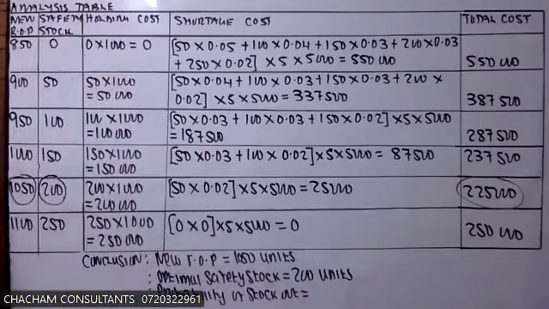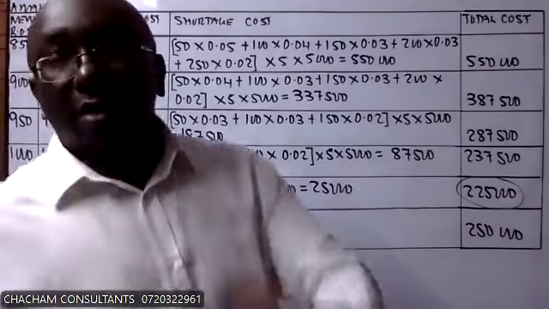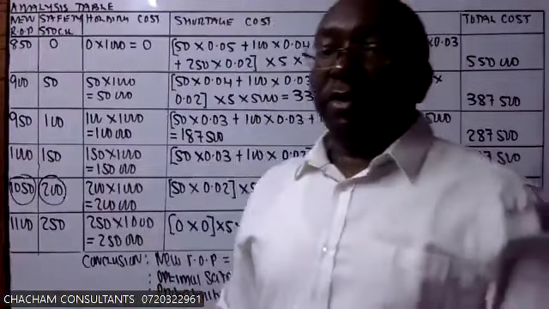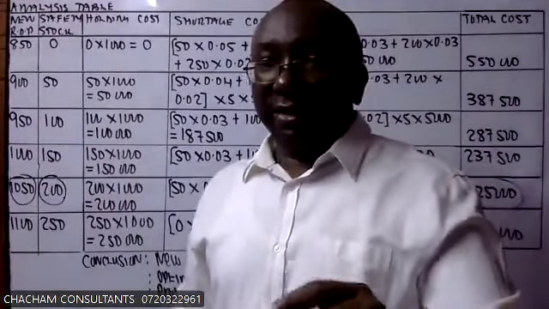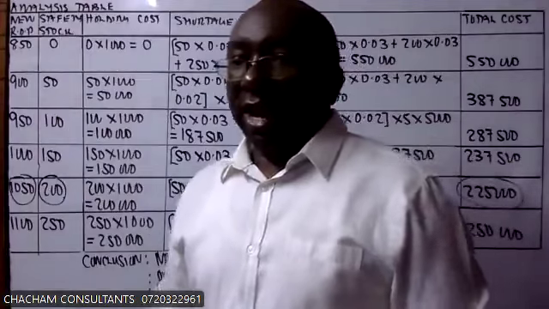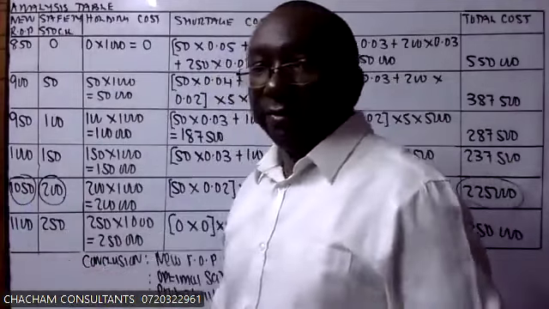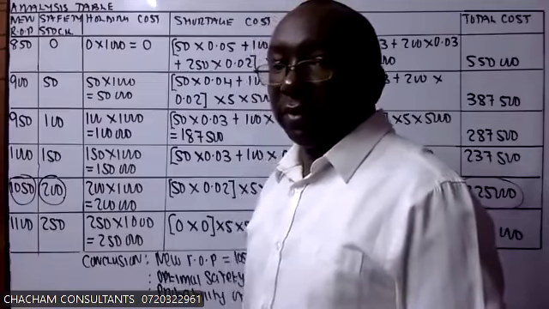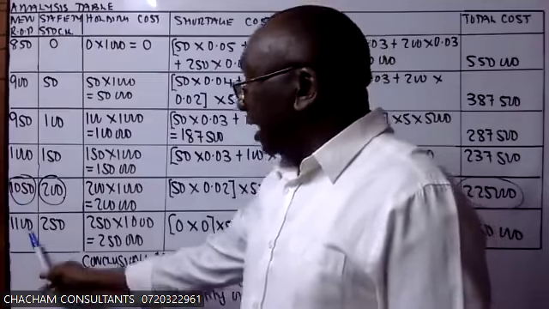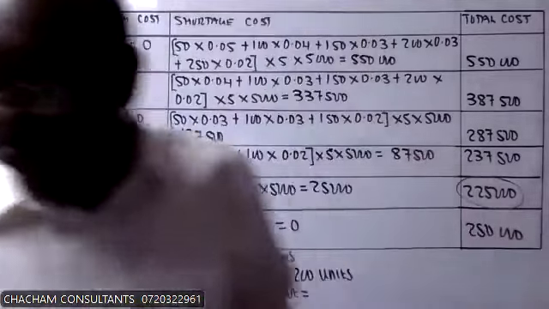If you stop at 1050, you can only be out of stock if demand exceeds that. The only point that exceeds 1050 is 1100. At 1100, the probability is 0.02.